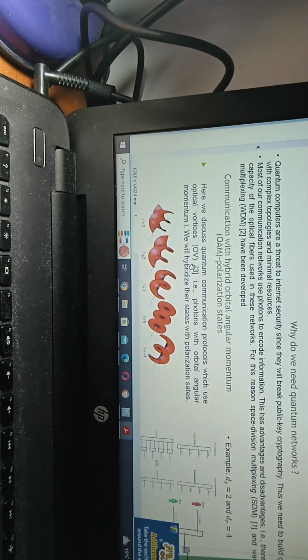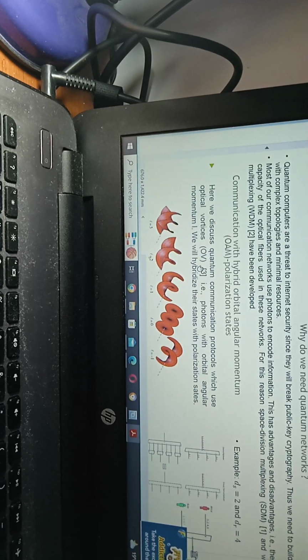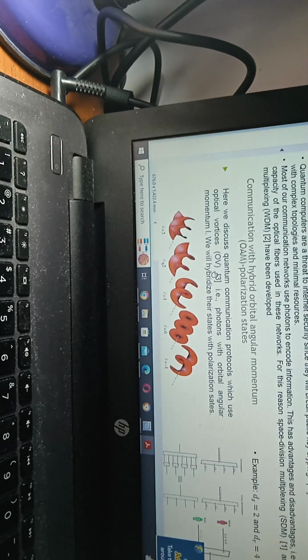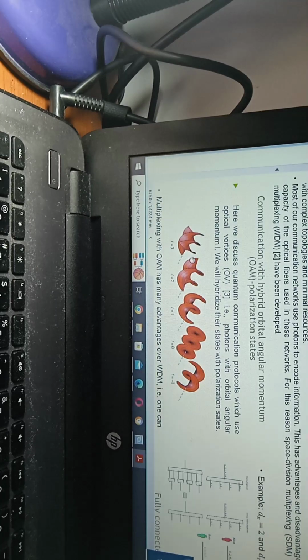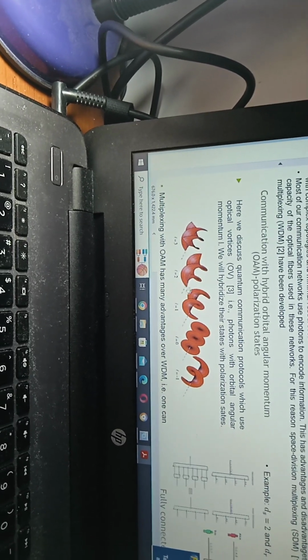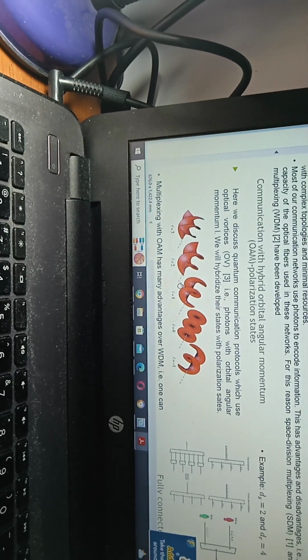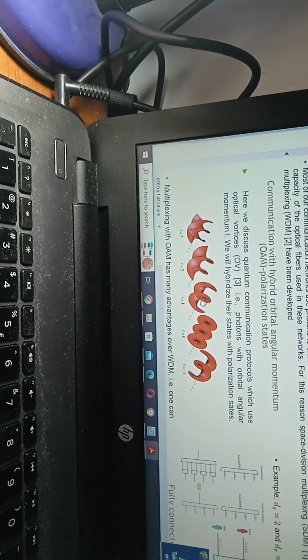What are optical vortices? Optical vortices are the interference patterns in which photons have orbital angular momentum, and their trajectory, their wavefront looks like this. It's like a helicoidal trajectory.